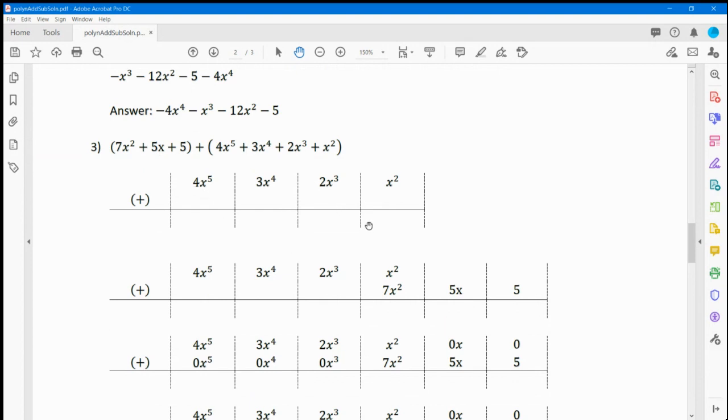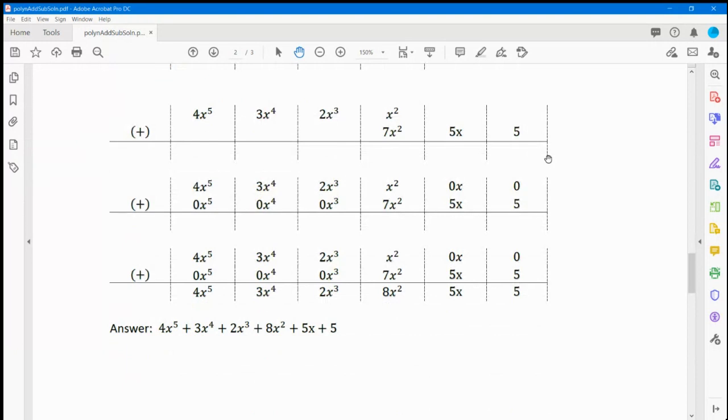Again, you only want like terms in the same columns. And 5x is an unlike term with any of these. Same thing with the 5, right? 5 and any of these form unlike terms, so 5 gets its own column.